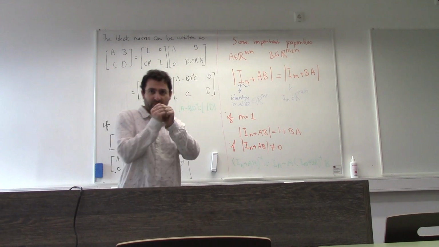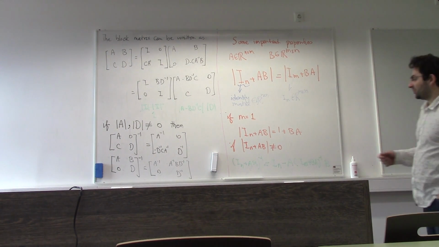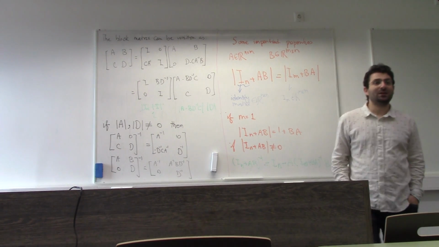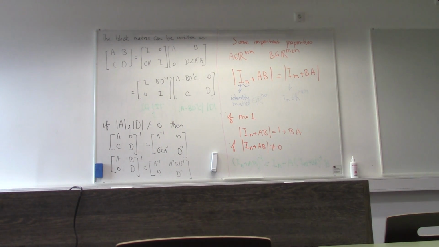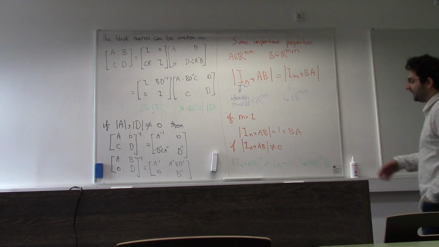A is a column vector and B is a row vector. And we know that A multiplied by B is a matrix. What can we say about the inverse of AB? What can we say about the determinant of AB?